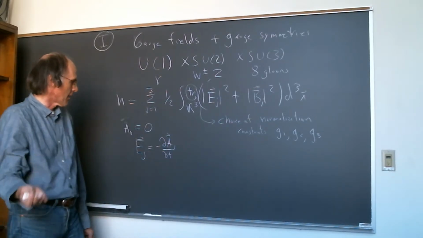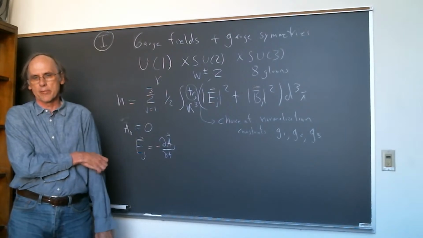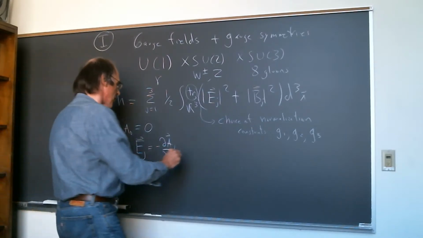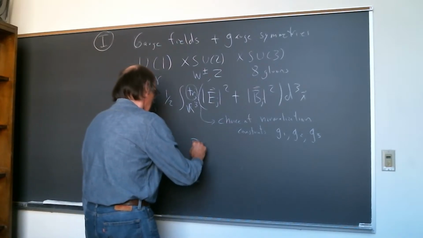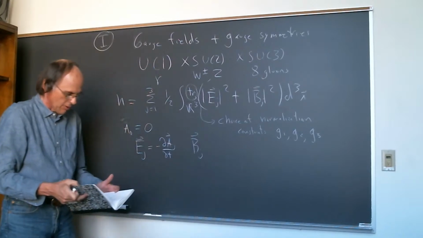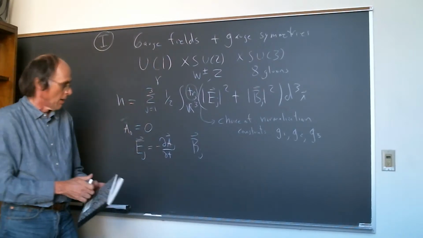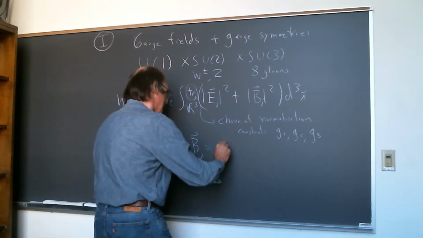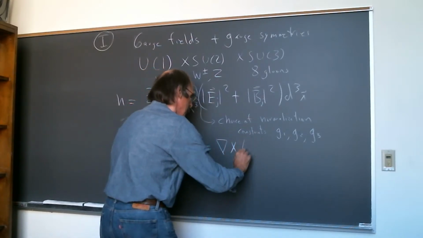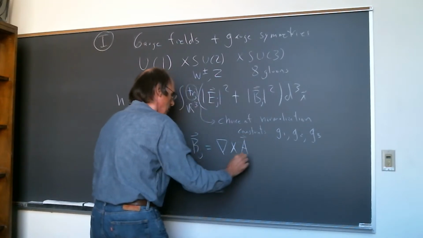It's the corresponding momentum, if you like, in terms of the phase space formalism. But then the tricky one is this guy, the magnetic field. The magnetic field you can write as the curl of the A vector.